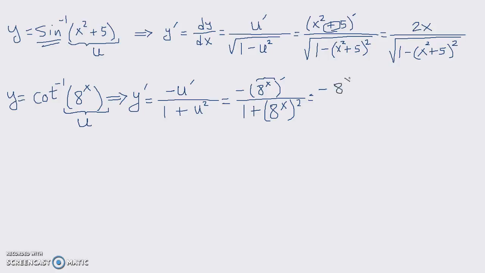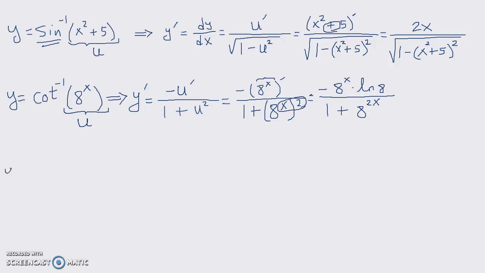So repeat the function, multiply by ln of 8, natural log of 8. And even if I say multiply by the derivative of the exponent, the exponent is x, so the derivative of x is 1. Over, in the denominator, we can write 1 plus 8 raised to 2x, because you have a double exponent here, which means you multiply them.